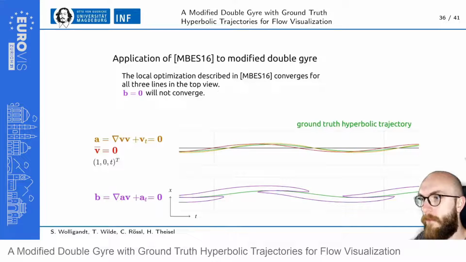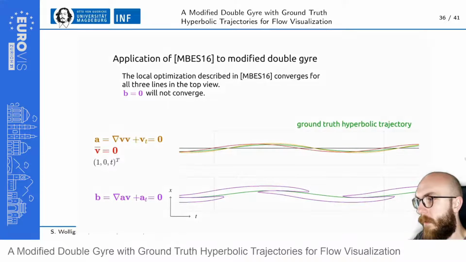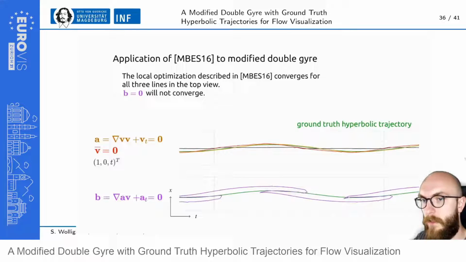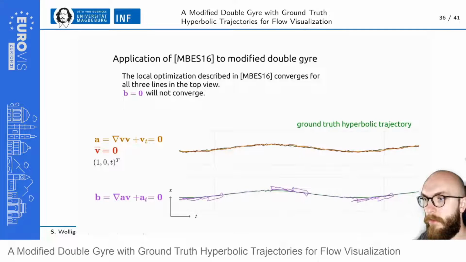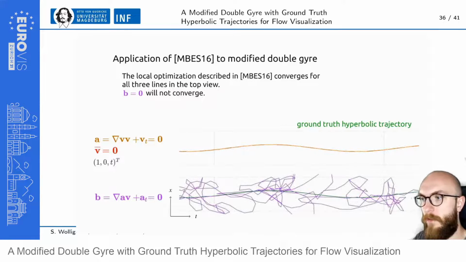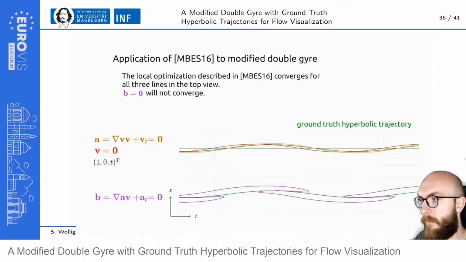Our ground truth hyperbolic trajectory is shown as a green curve in both views. And as you can see, the orange line converges quickly to the ground truth curve, but the violet line does not. But since only one of the two candidates needs to converge, the method by Machado and colleagues is working correctly in this case.